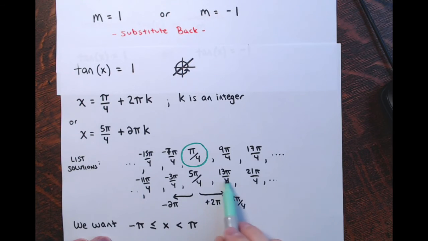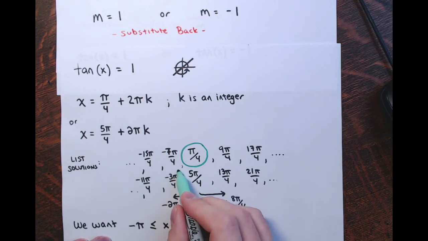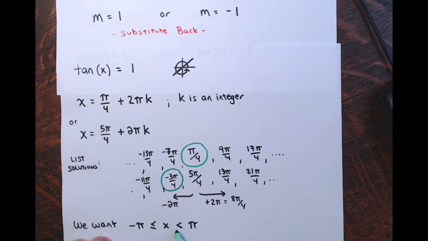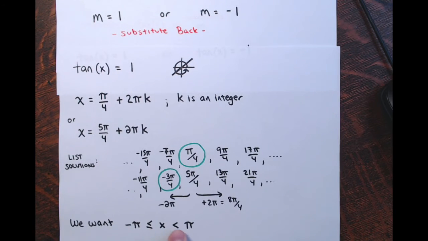From the second row, 5 pi over 4 is too big. Pi is 4 pi over 4, so that's too big, but negative 3 pi over 4 is in here. This range is negative 4 pi over 4 to positive 4 pi over 4. The other ones are too small or too big. So the only two solutions from this first equation are pi over 4 and negative 3 pi over 4, in the range they gave us from negative pi to pi.